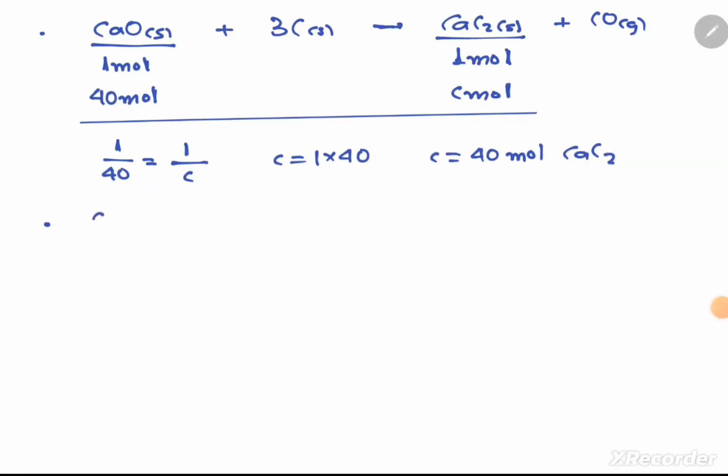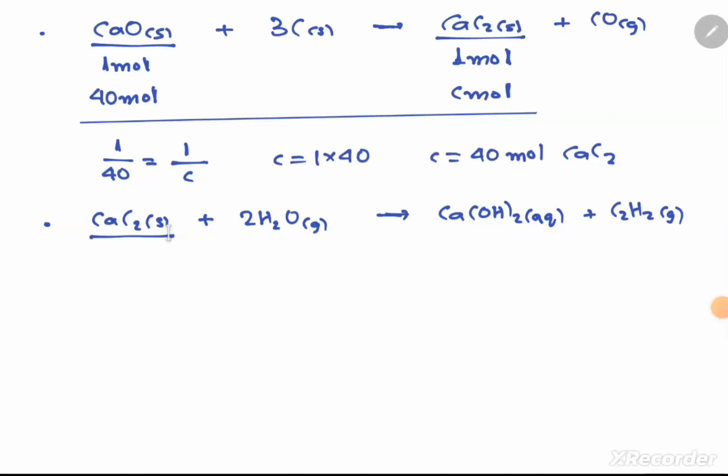We write the final equation, and the stoichiometric calculation is based on the amount of charcoal. And so we find the amount of acetylene. We write the mole ratio. 1 mole gives 1 mole. 40 moles gives some mole.